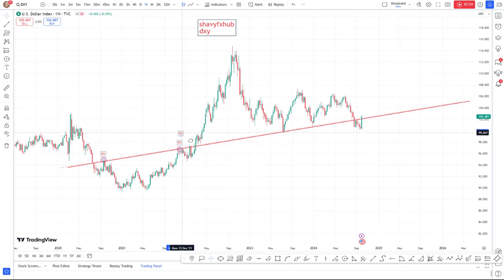What structure do we have? An ascending resistance structure. If you look at the angle of trade, the angle of trade is ascending. So we are also going to let you know that at the rooftop, it becomes a resistance level.